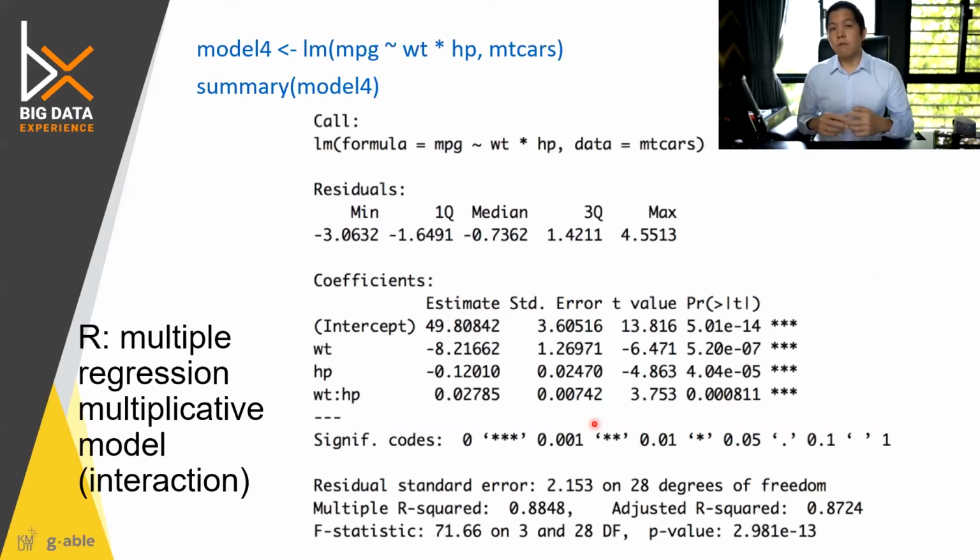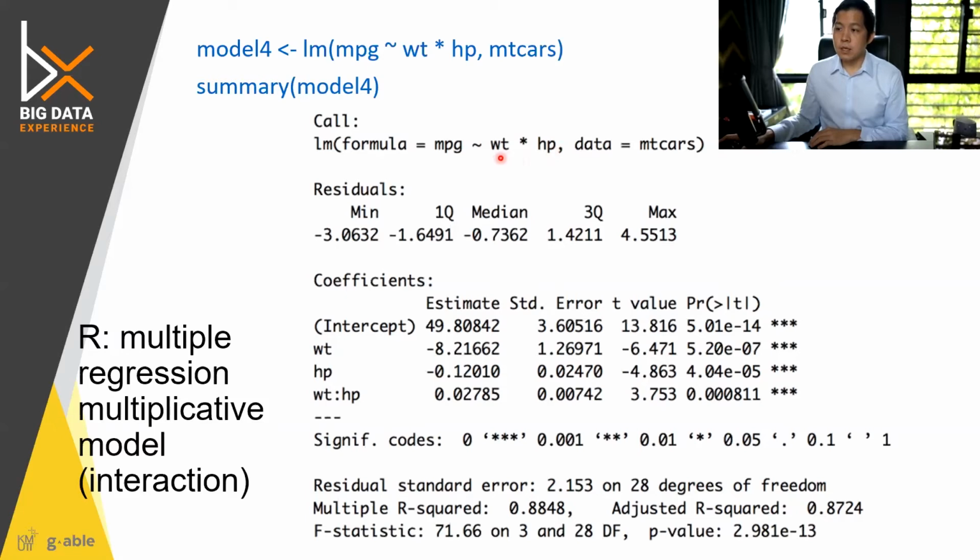For linear regression, to include interactions in the model, this can be done by using this star sign. By multiplying WT with HP in the formula, you indicate that these two have to be considered as an interacting term.